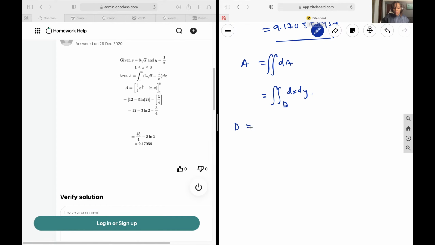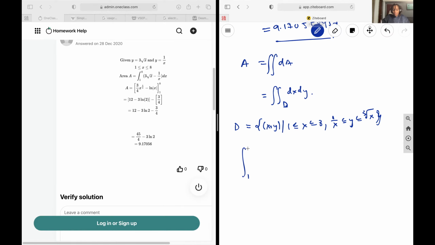We need to define what our region D is, and it is in Cartesian coordinates, such that x is between 1 and 8, and f of x is between 1 over x and the cube root of x. And that's how you define your region D.